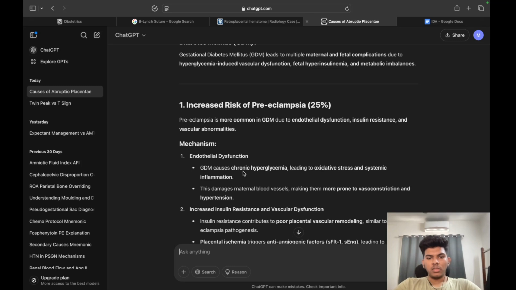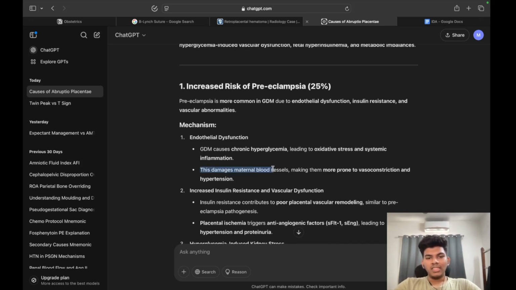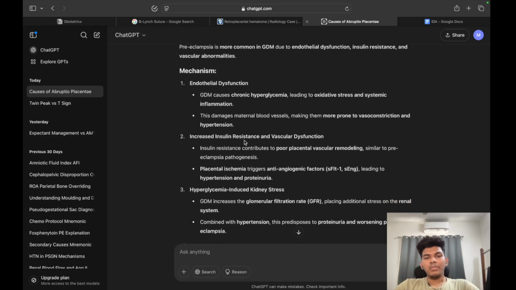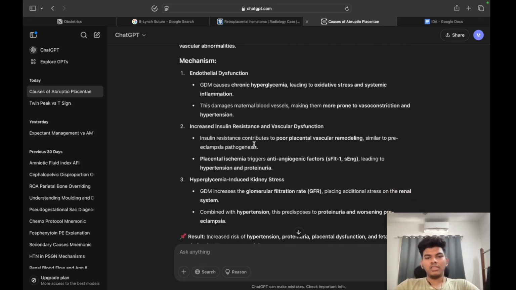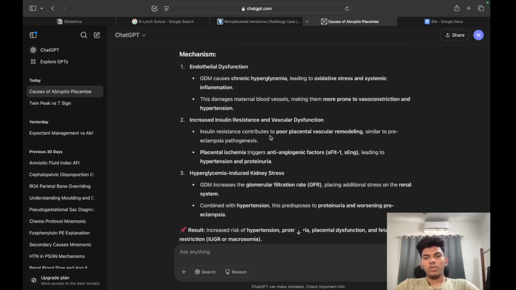Endothelial dysfunction causes chronic hyperglycemia leading to oxidative stress and systemic inflammation. This damages maternal blood vessels and makes them more prone to vasoconstriction and hypertension. So similar to the mechanism seen in normal human beings, diabetes increases the risk of hypertension, increased insulin resistance and vascular dysfunction, poor placental vascular remodeling.